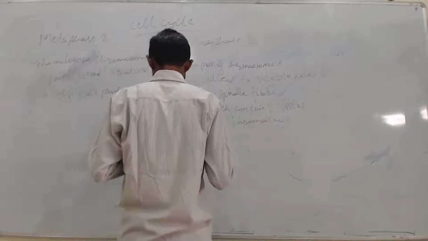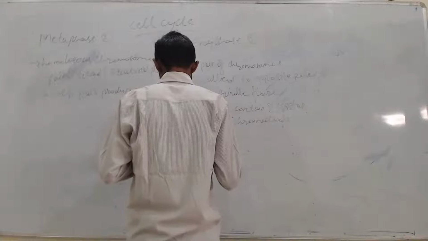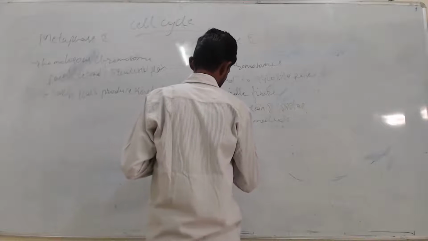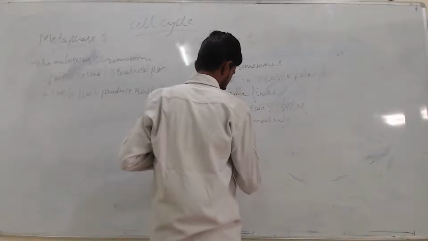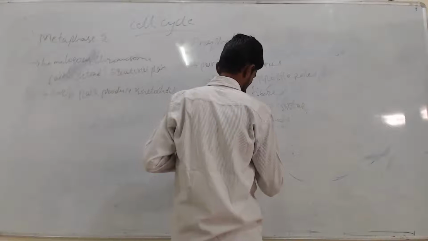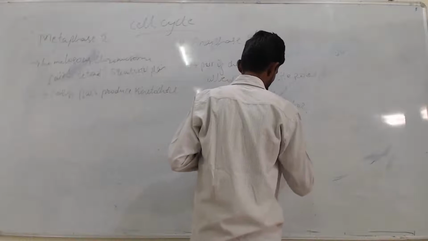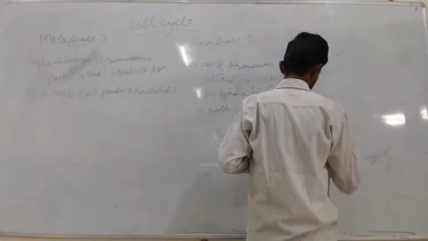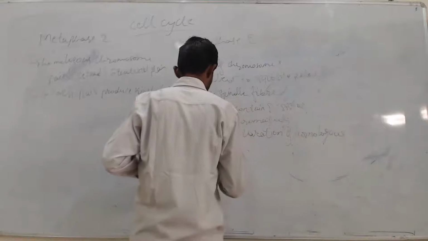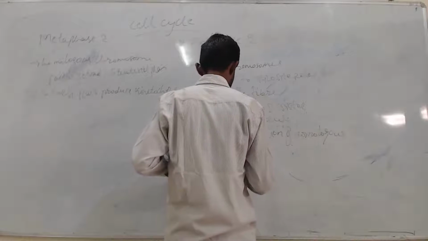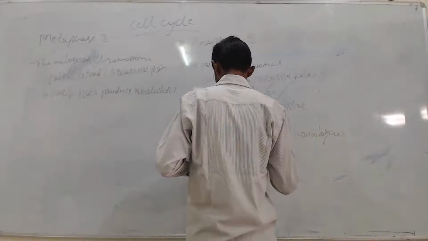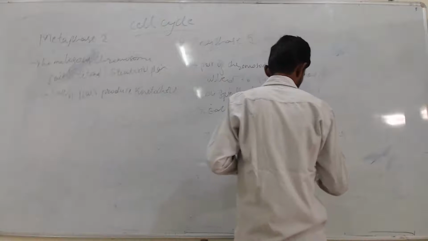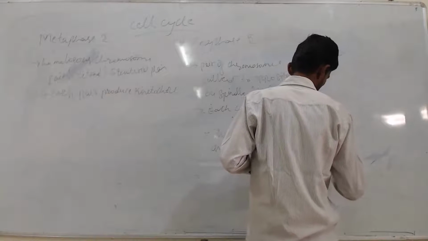Separation of homologous chromosomes during meiosis is called disjunction.